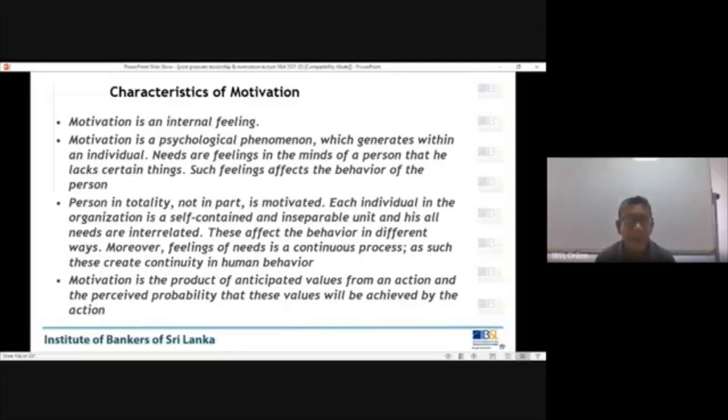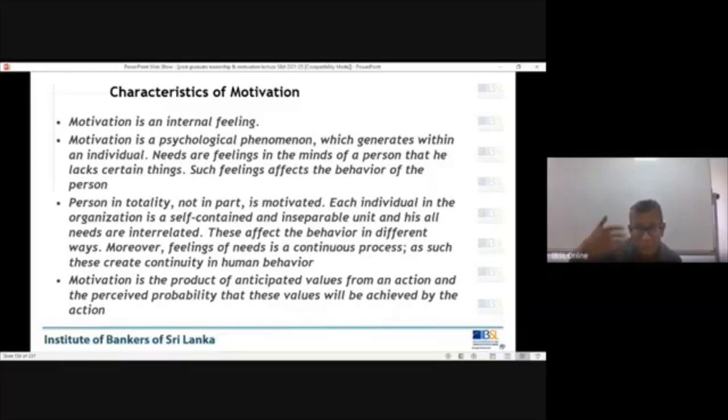That is why we call it a psychological phenomenon. It is from the mind, and it is generated within an individual. These needs are feelings in the mind of a person, and those feelings may affect the behavior of the person. Therefore, motivation is a cognitive, psychological thing.